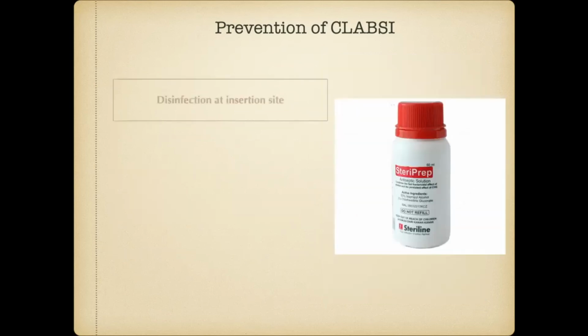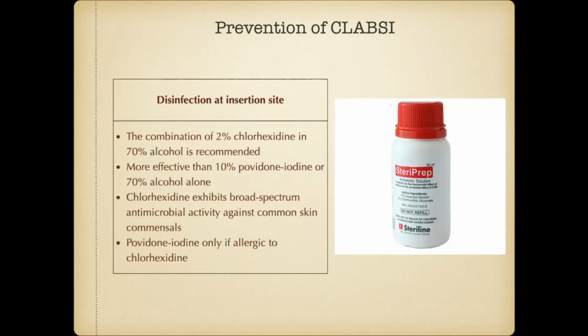Okay, as for the materials, the disinfectant that has been shown to be effective is the 2% chlorhexidine in 70% alcohol preparation. This is even more effective than the 10% povidone iodine, unless our patient is allergic to chlorhexidine, then we can switch to the povidone iodine preparation.